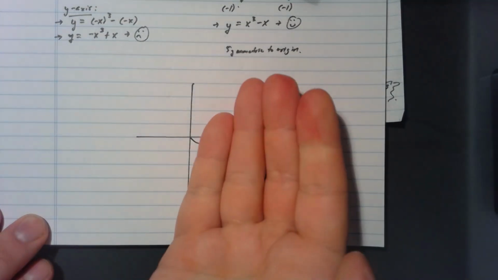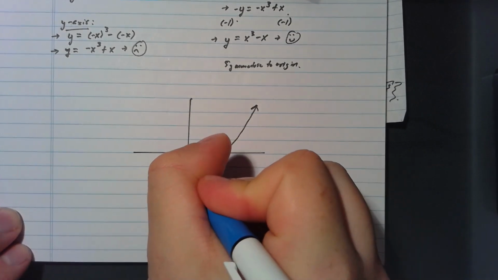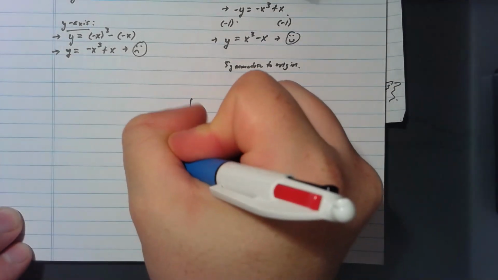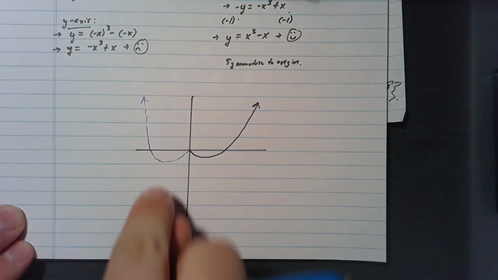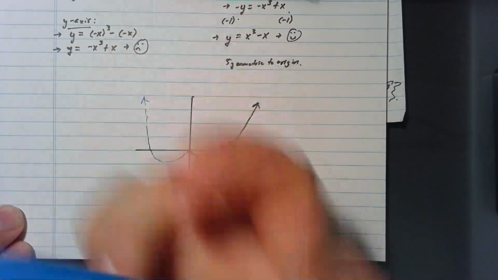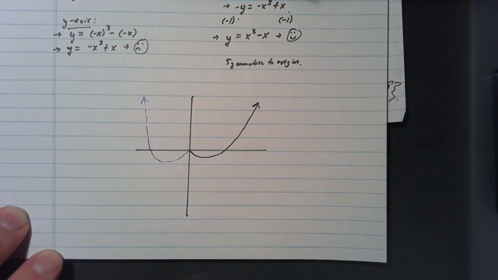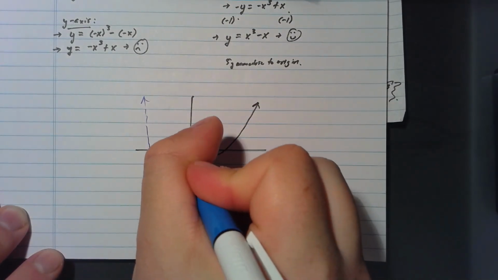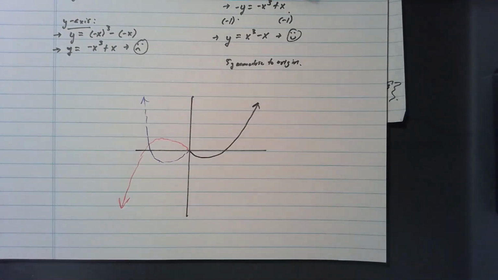So if I fold it this way first, I'm going to get something like this. And then if I fold it this way down with respect to the x-axis, I'm going to get something that looks like this. And that is the graph I have.